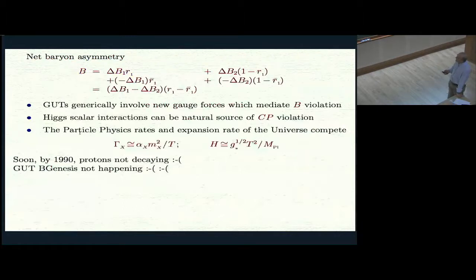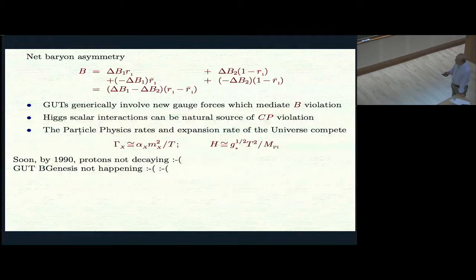So here is the little algebra: if there is rate R1 with delta B1 for type 1, and delta B2 times 1 minus R1, assuming there are only two rates, then you find that the net baryon asymmetry produced is proportional to the difference of the baryon number in the two modes of decay times the difference of the rates. So this is a simple pedagogical example to understand what the key ingredients are.